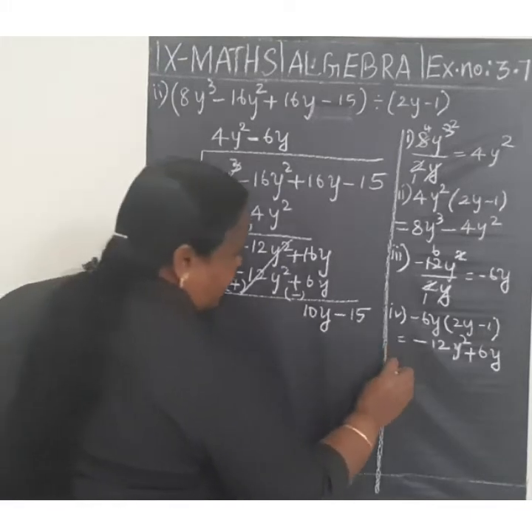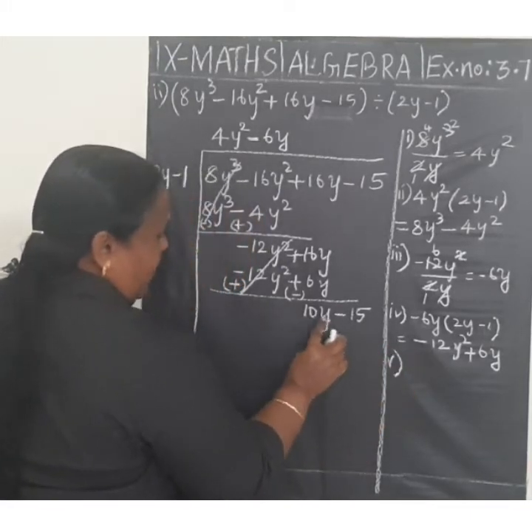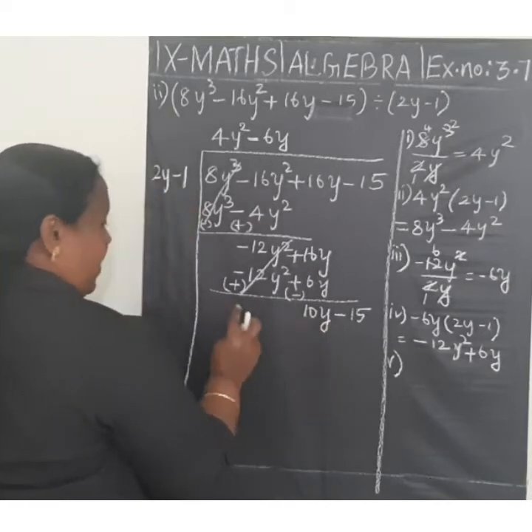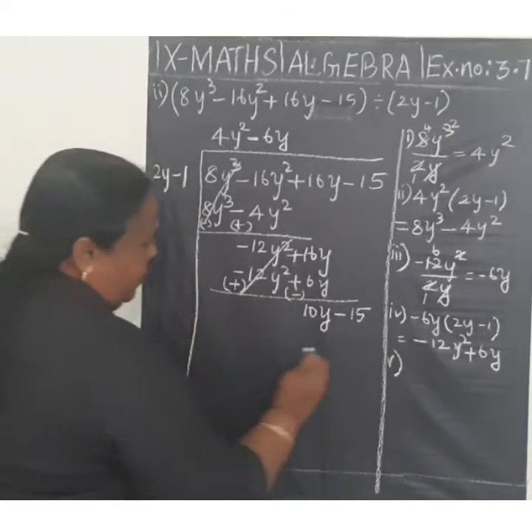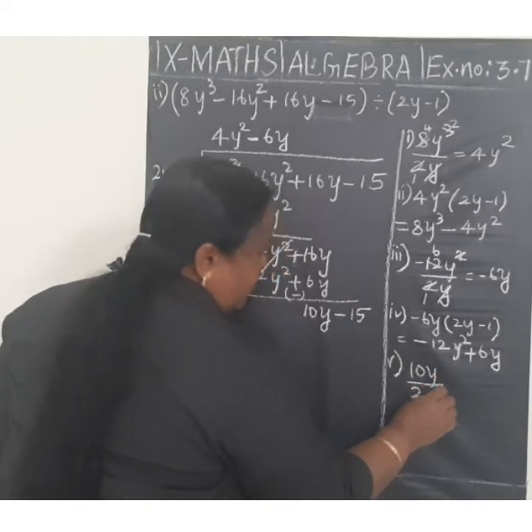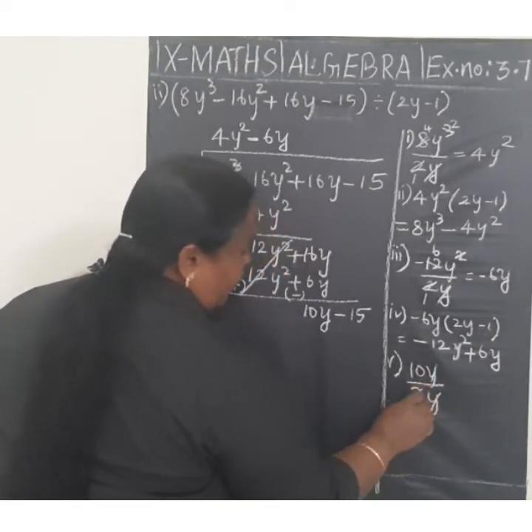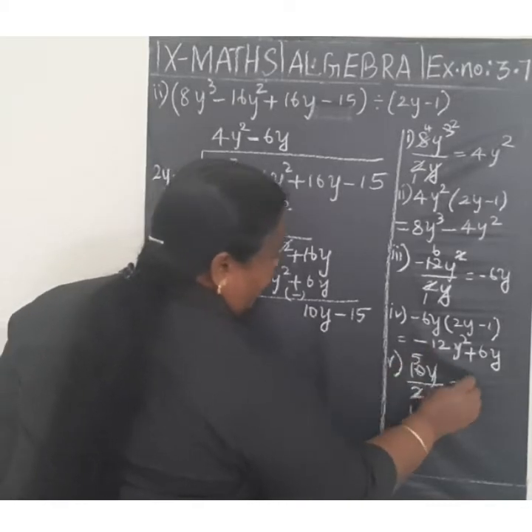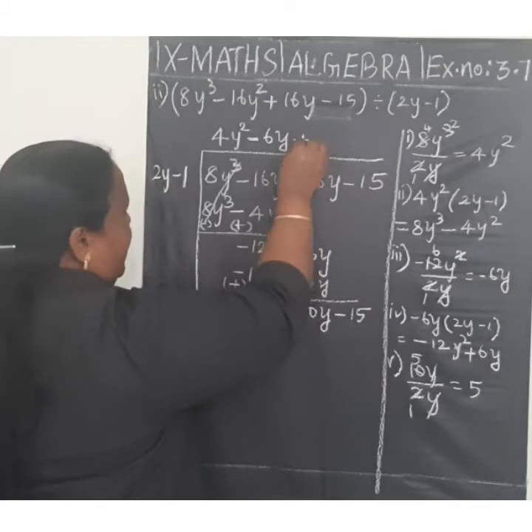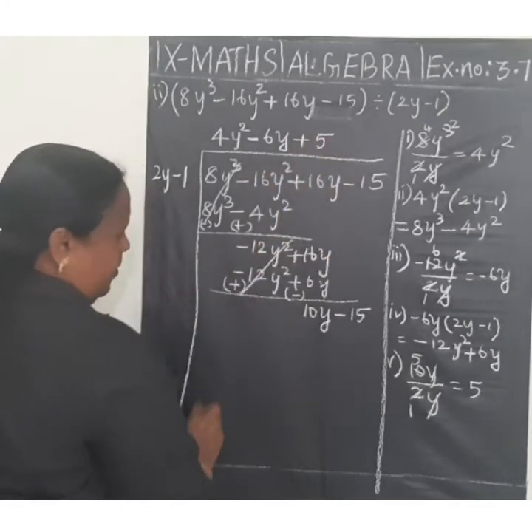For that, in this 10y minus 15 we take the first term 10y, divided by the first term of the divisor, 2y. So y will get cancelled, and 2 fives are 10, so 5. So here plus 5.